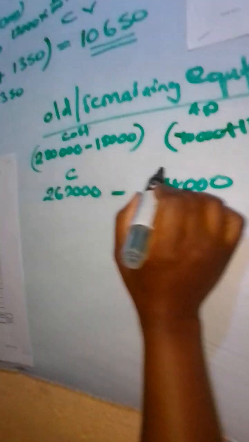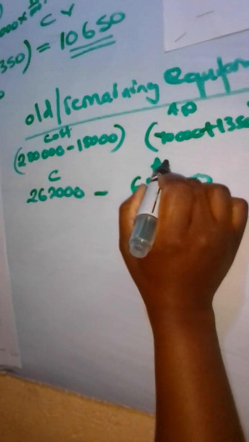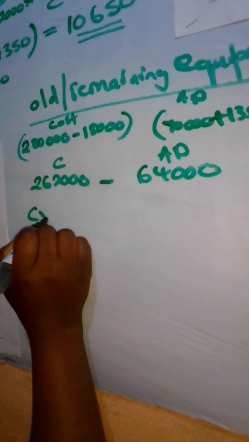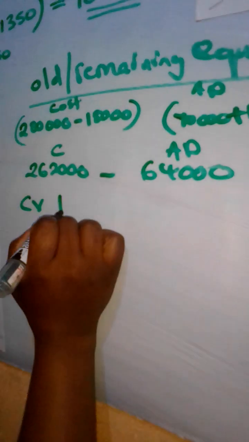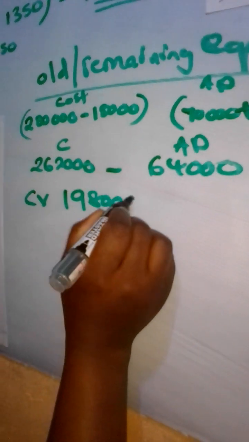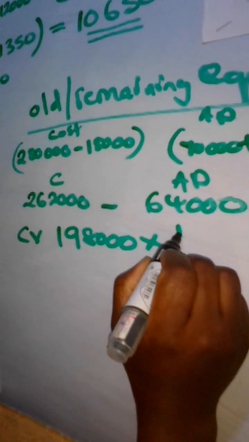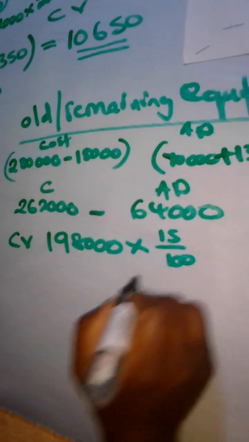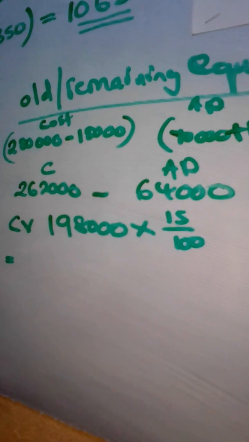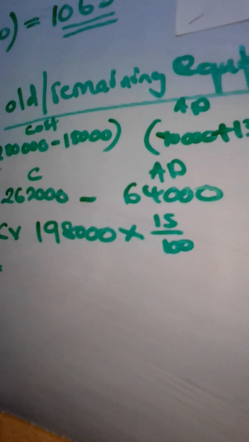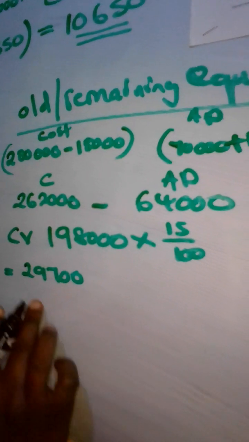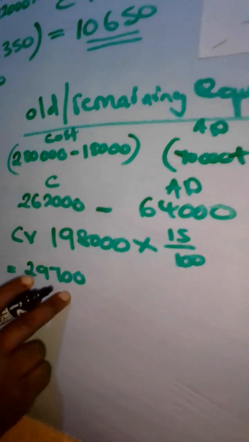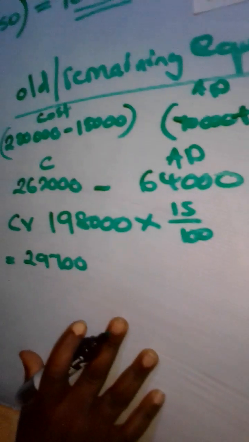So here we've got the cost and the accumulated depreciation, and we need the carrying value. 262,000 minus 64,000, we remain with something like 198,000, and then we multiply by 15%. Let's go back to our calculators, we'll get something like 29,700. 29,700 is the depreciation for the remaining assets.